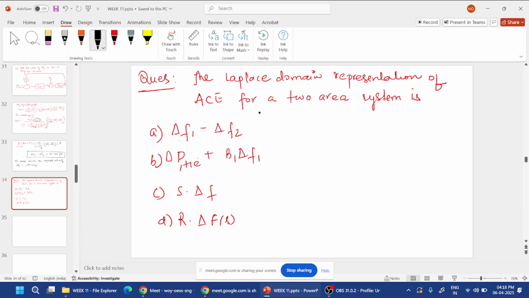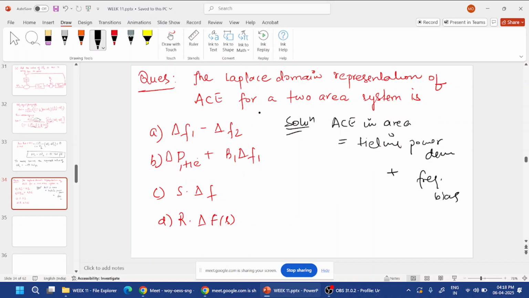Basically, ACE in any area is equal to tie line power deviation plus frequency bias term. So here the frequency bias term is there, this is there, so B is the correct option.